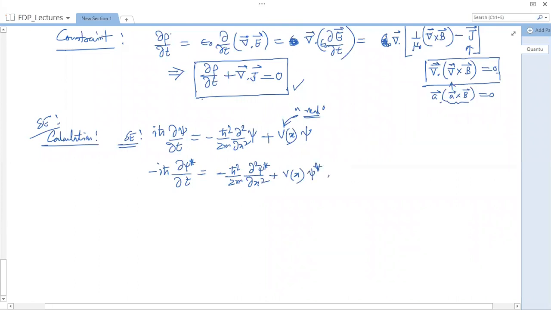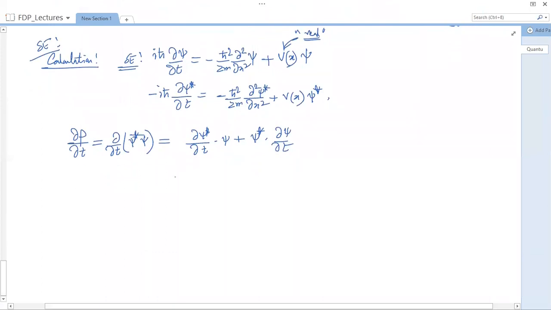Now you can calculate what is d rho dt, and you have defined rho as psi star psi. So that will be d psi star by dt times psi plus psi star times d psi by dt. And from the first equation, you substitute the second. Do it. It's not difficult.